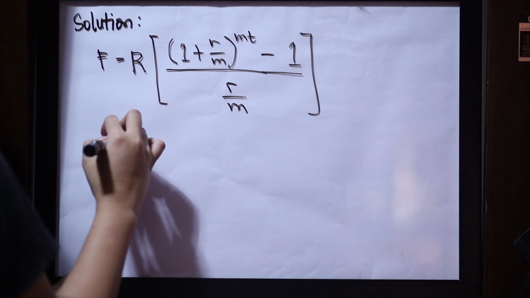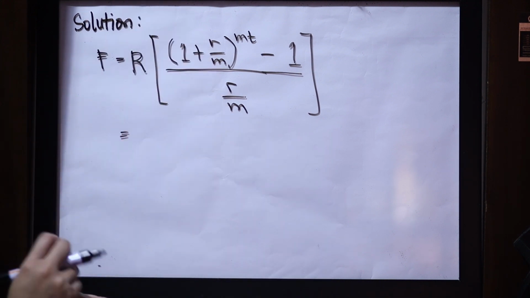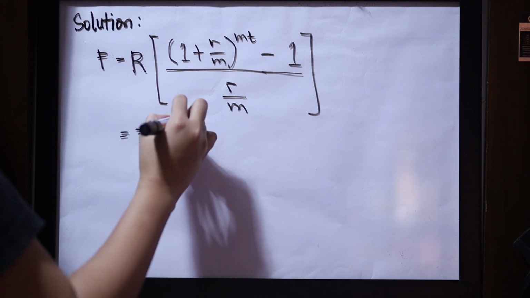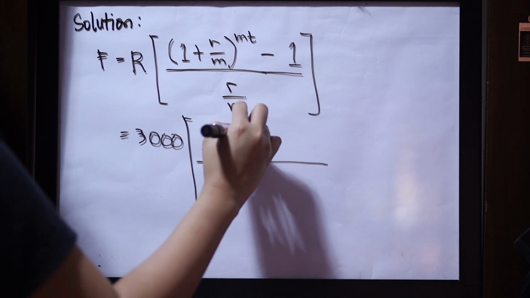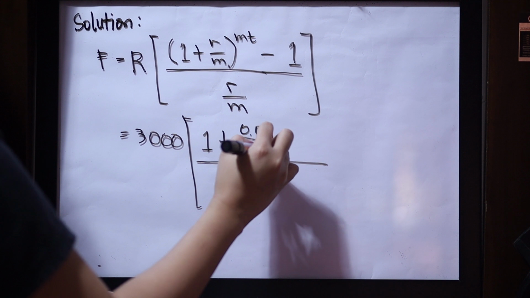And then, after writing down the formula, we can now substitute the given values for the given denotations, wherein R is 3,000. Tapos, the quantity of 1 plus, ano yung R natin? 0.09 all over M, which is 12.